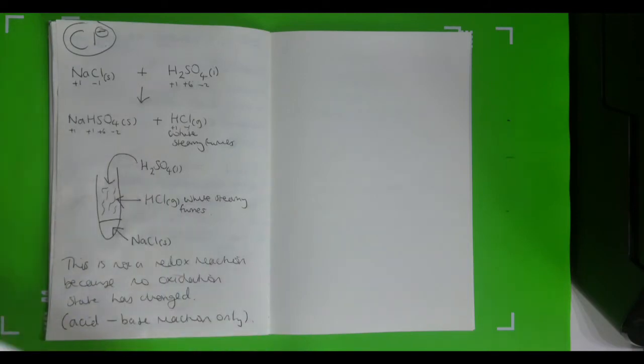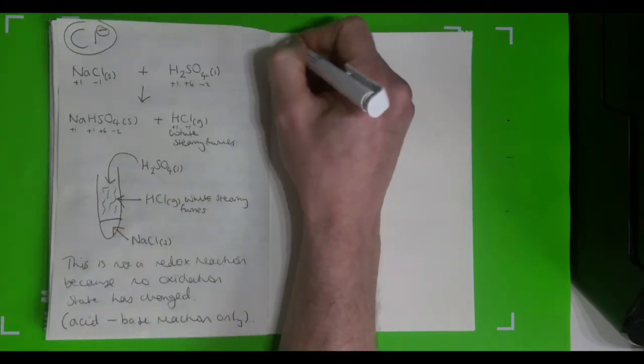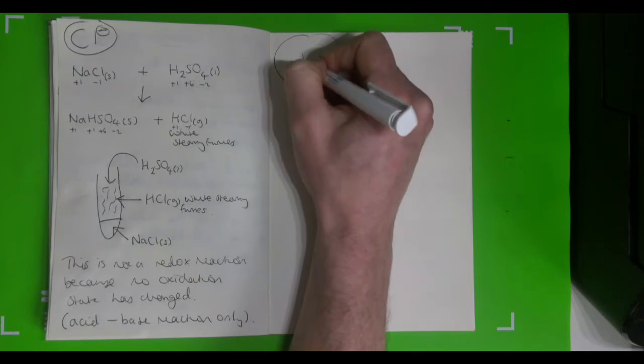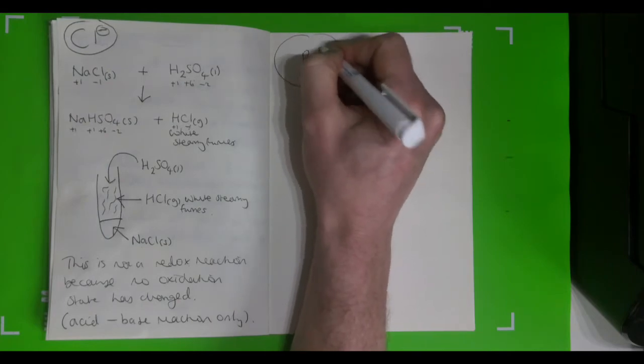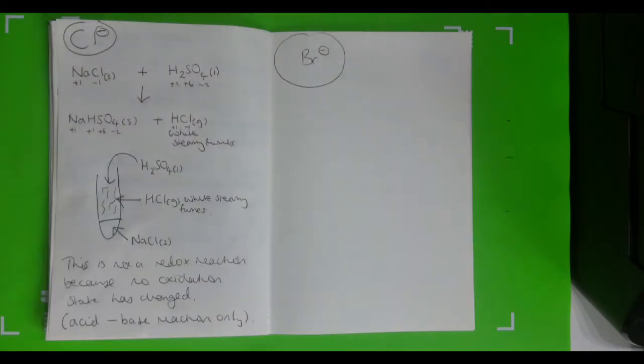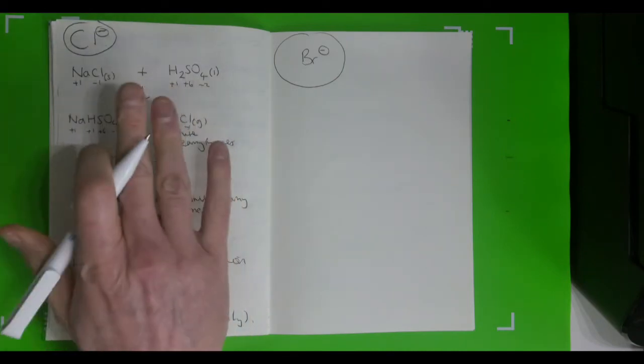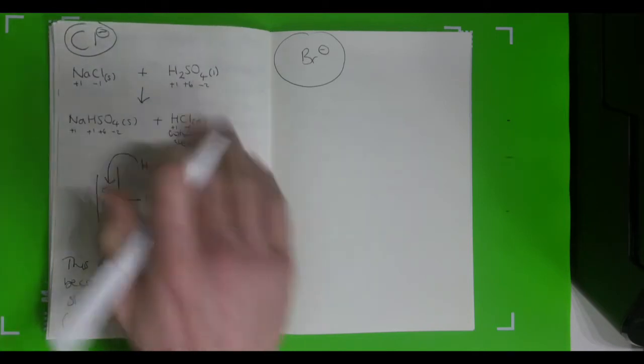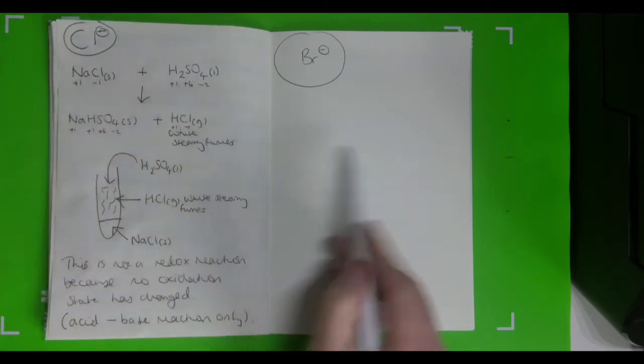Now let's move down the group. Let's move down the group and then look at the bromide ion. Now the bromide ion is much bigger than the chloride ion. Okay. So the first thing that happens is that it does a similar reaction to this one here. Okay, so I can use this reaction here to work out what this one does.